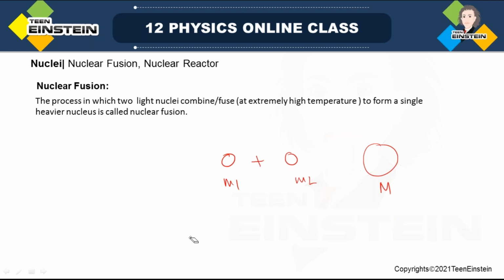So let us today discuss the fusion process, which is the source of energy in sun and other stars.